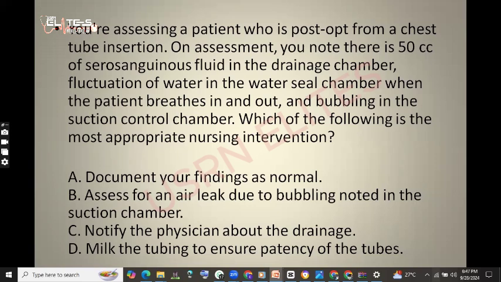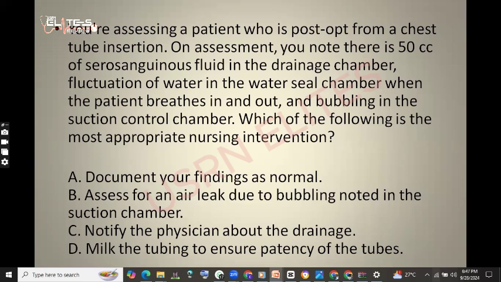Yeah, I understand you. So when you say bubbling, bubbling is bubbling. So you take it as bubbling. If it is intermittent, they will tell you it's intermittent. So that's also one tricky way.